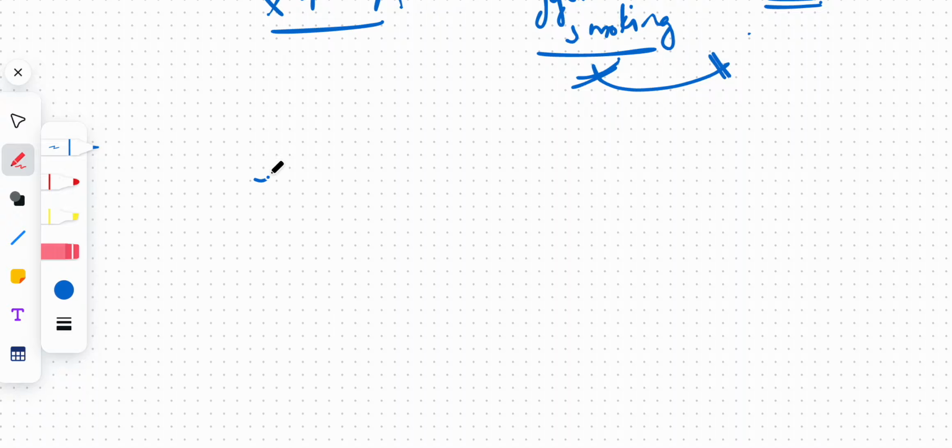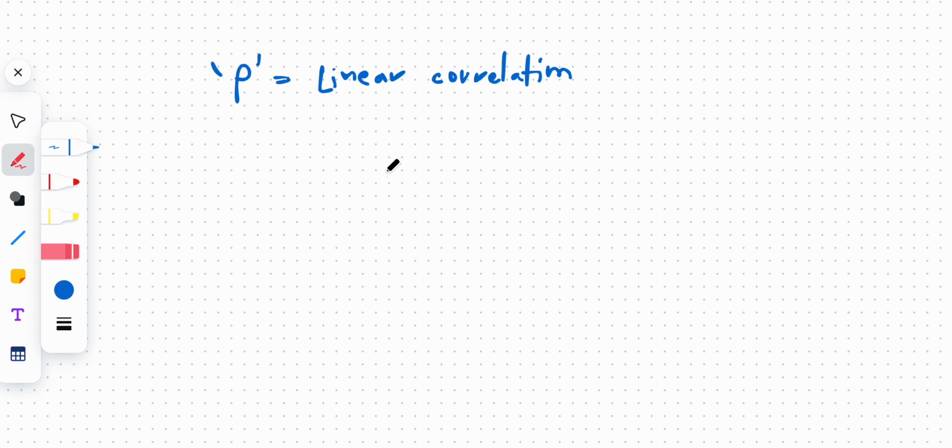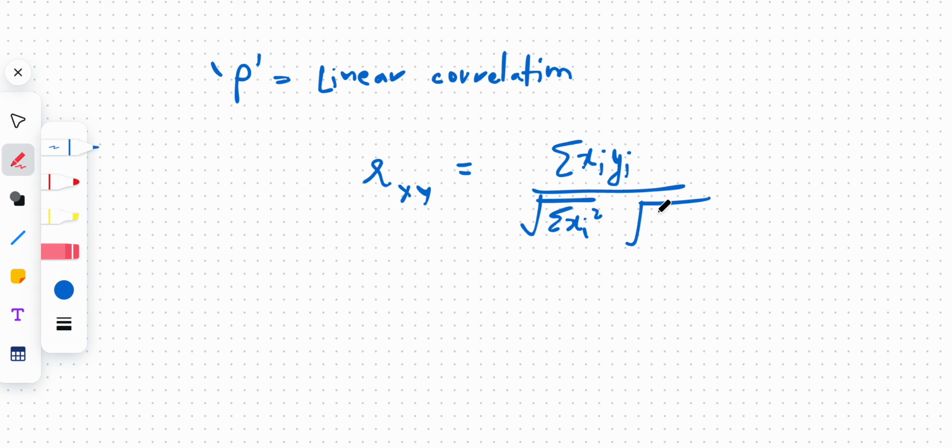Now, this is the sign I depict my linear correlation with. Right? So how do I make this? I can write basically our relationship between x and y will be summation xi yi upon square root of summation xi square summation yi square.